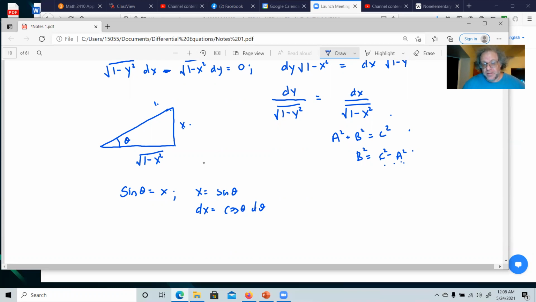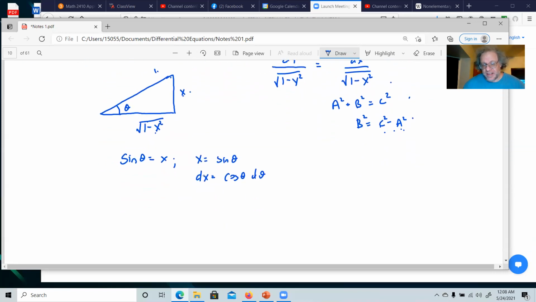Okay, we could type in, right, sine theta here, sine squared theta here, and then go ahead and do that. Okay, I'm going to say that 1 over the square root of 1 minus x squared, right, 1 over the square root of 1 minus x squared. Isn't that the secant of theta?